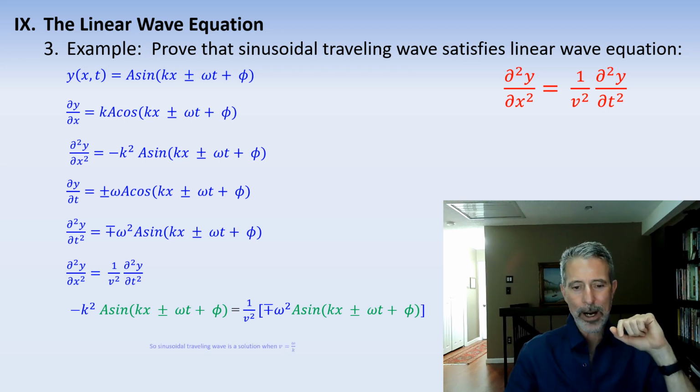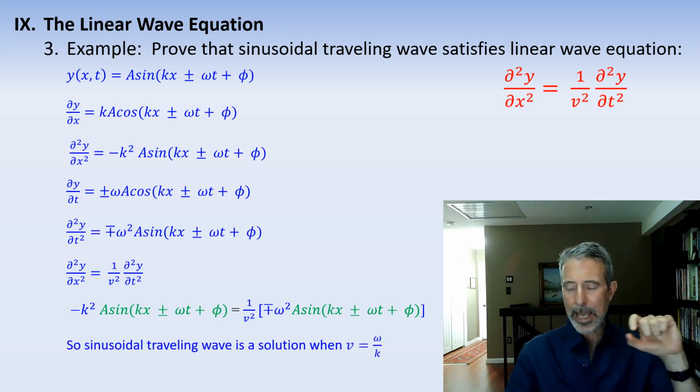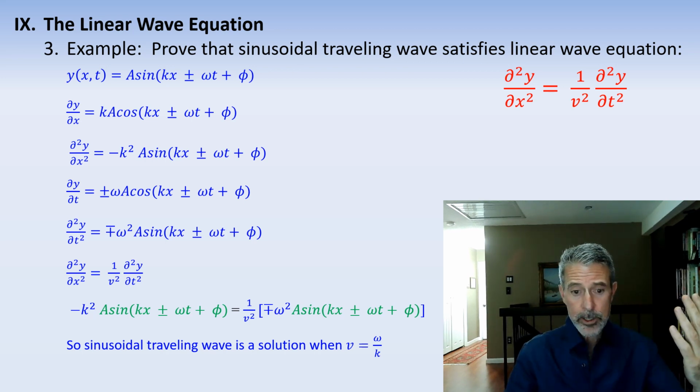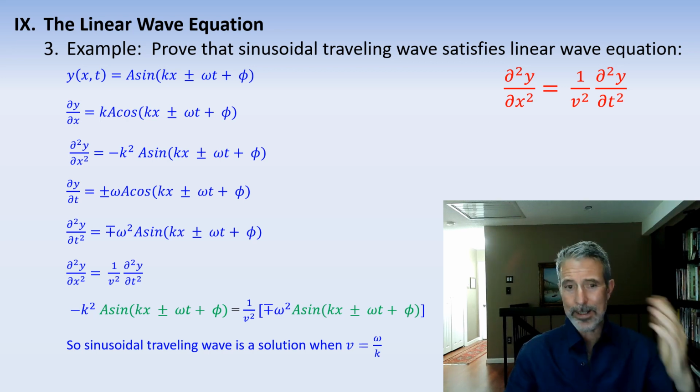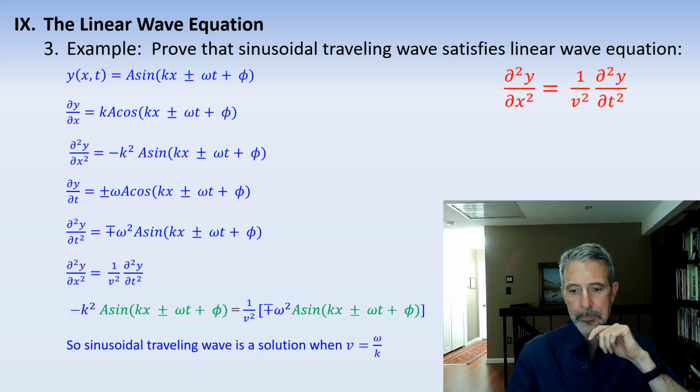In simplifying, we can cancel that out from both sides, and the end result is we see that, yes indeed, this wave function describing a sinusoidal traveling wave does satisfy the linear wave equation when v squared equals omega squared over k squared, or v is equal to omega over k.